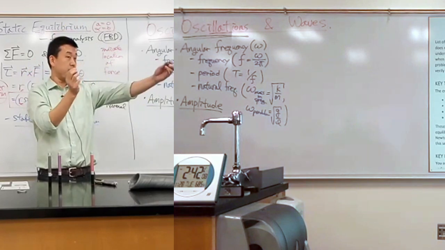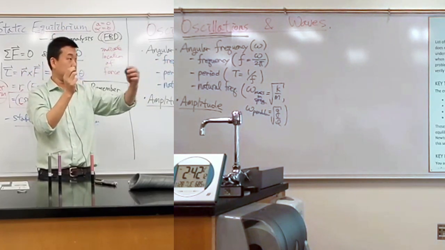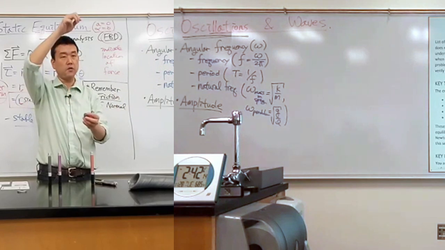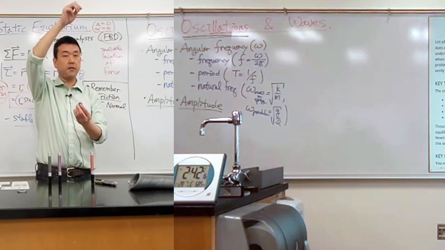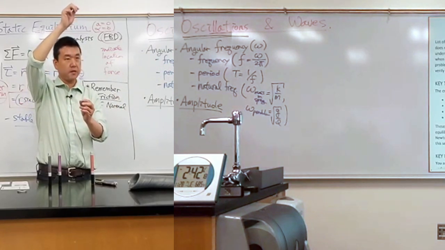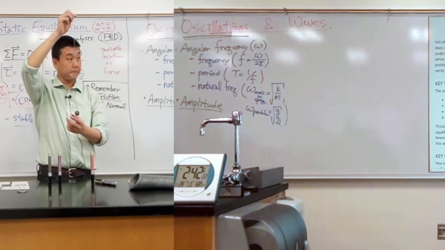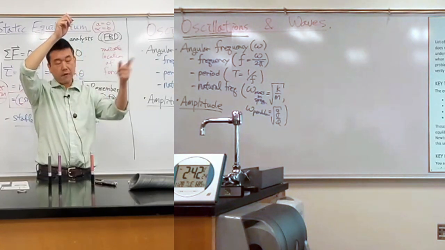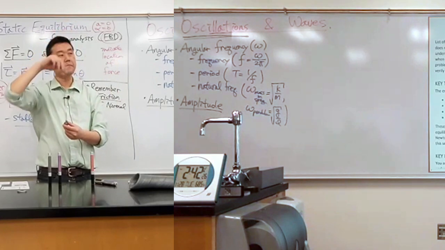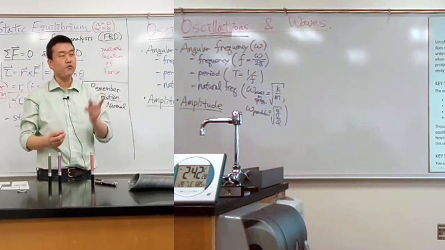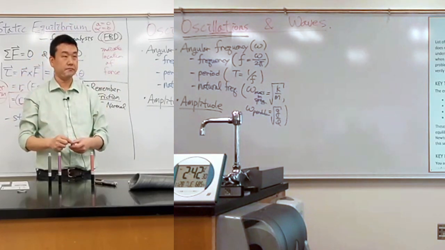If it's a mass on a spring that's horizontal, then as it oscillates, height won't be changing. But there's some physical quantity that's always associated with amplitude. Isha? Maximum velocity is one.